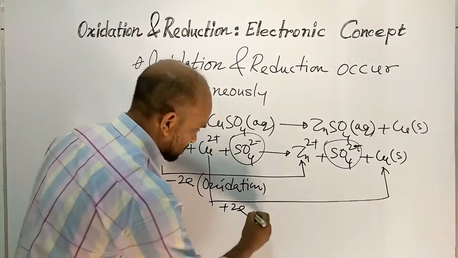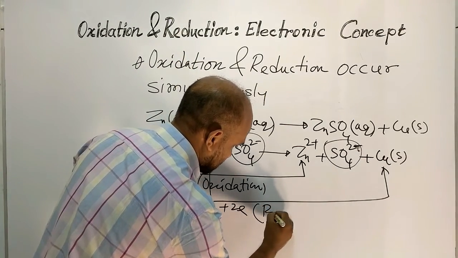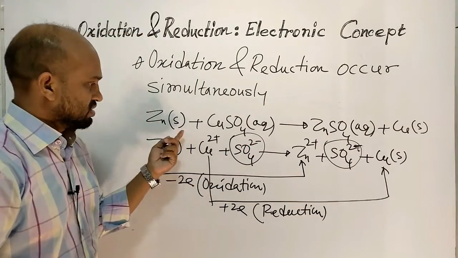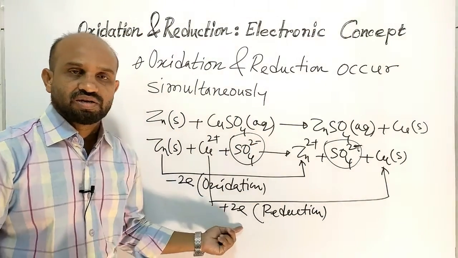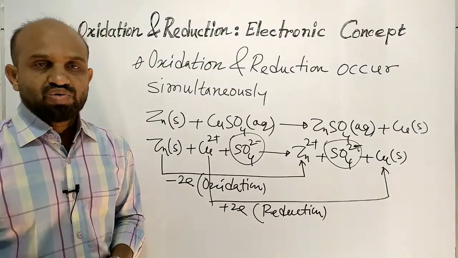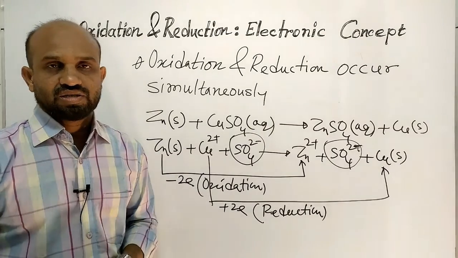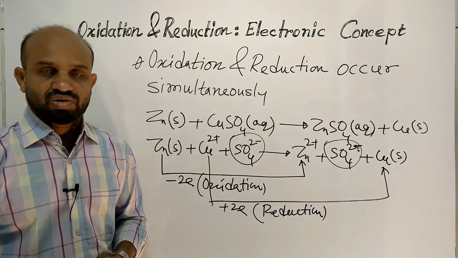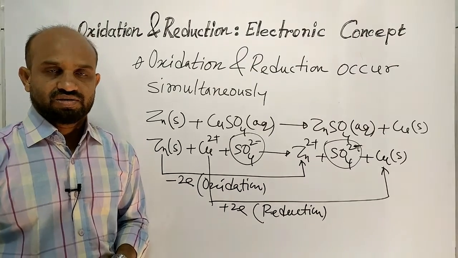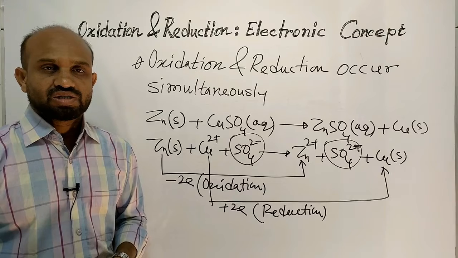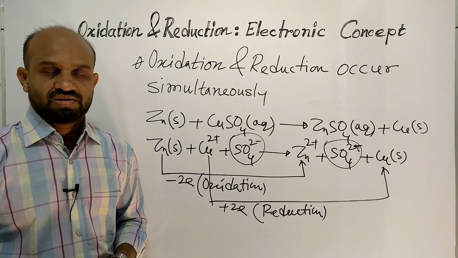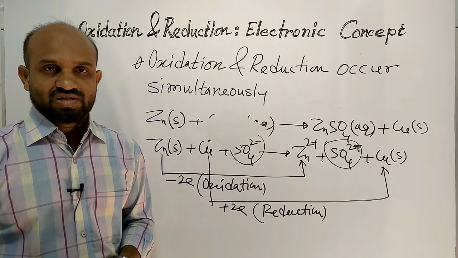Addition of electrons is known as reduction. So in this reaction oxidation and reduction occur simultaneously. So we can say that the reaction in which oxidation occurs, reduction must occur in that reaction, which is known as the oxidation and reduction simultaneous process. Let's see the next point.